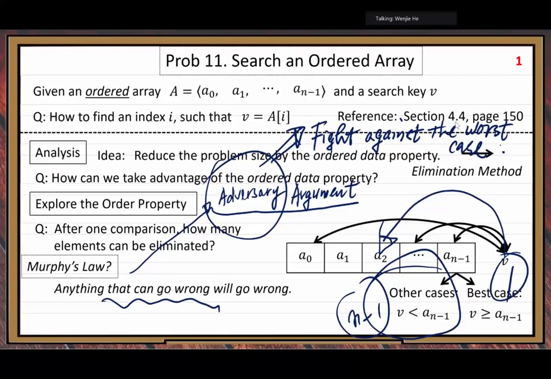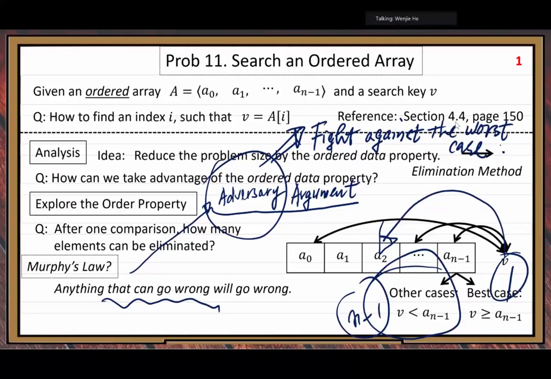So this adversary plays a role to produce the worst case for us. Because this adversary is very smart, when there are several options, this adversary will pick the worst case for us.